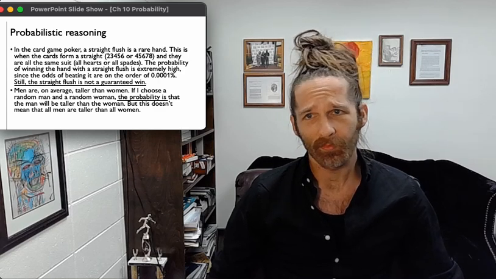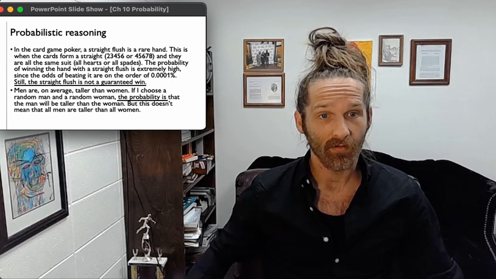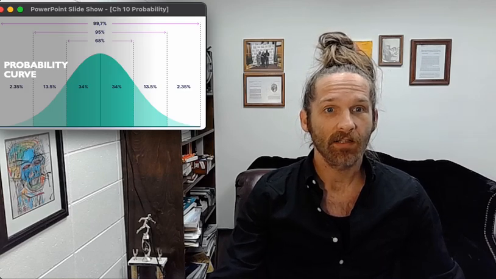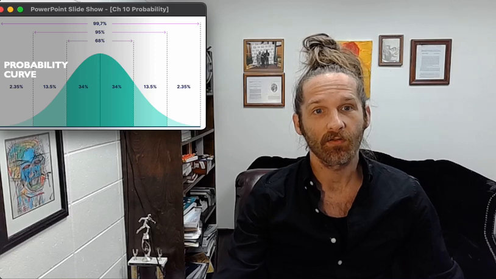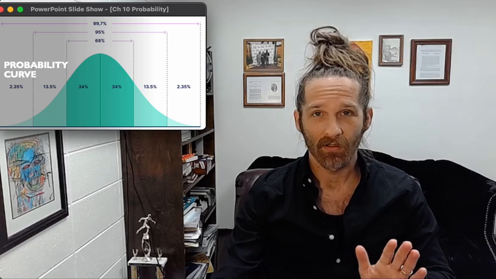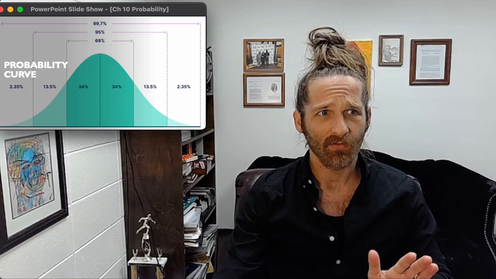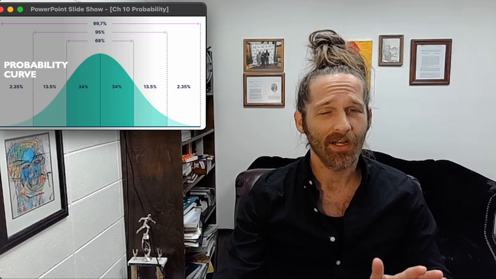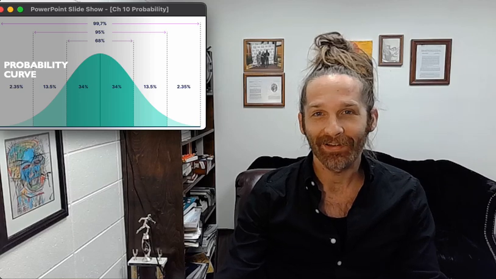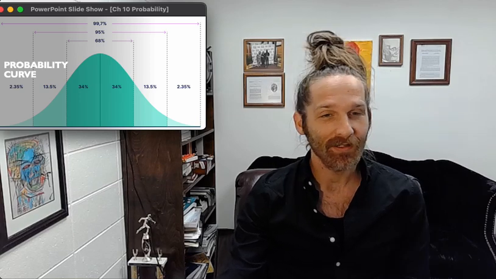It just means that the probability is good that the man will be taller than the woman. And I've got some examples of that on this probability curve, and so I'll return to the probability with height. Again, most social scientists don't use height and gender as the key foci of their research, but I just want to give a really simple example.